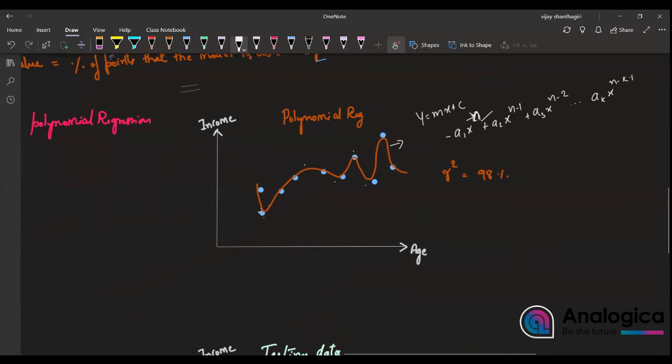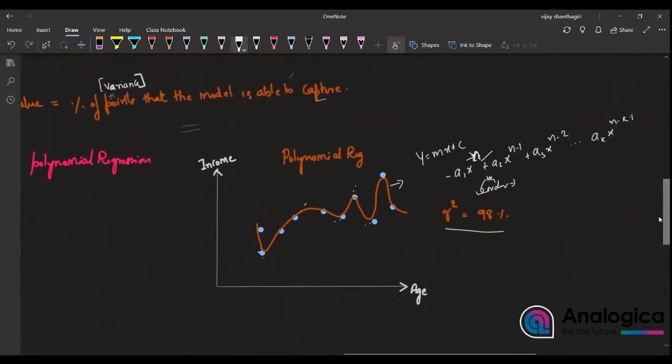So roughly 1, 2, 3, 4, 5, 6, roughly about a 6th order equation is due here, right? You had to go all the way to a 6th order equation to fit a model perfectly to your training data, and achieve an R square of 98%.